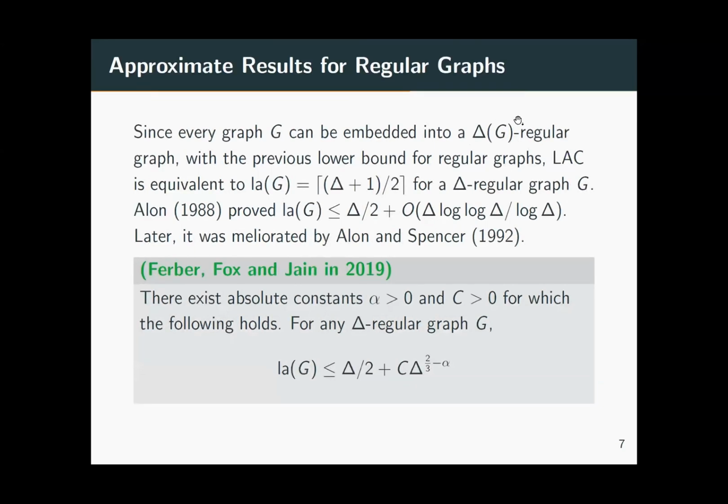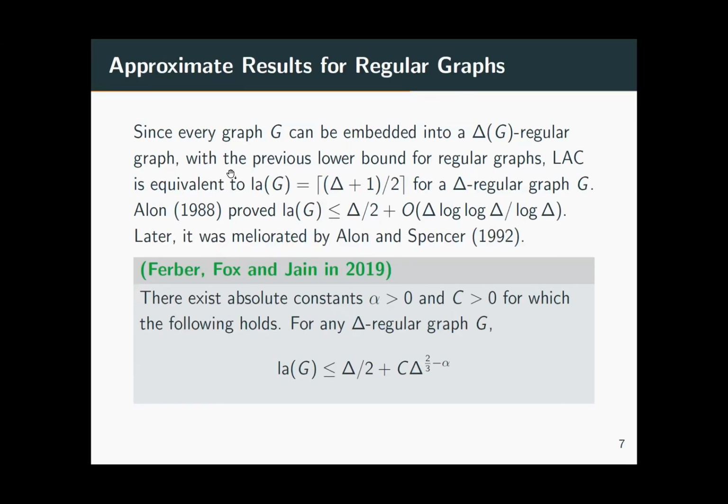And people also care about the approximate result for LAC. For this kind of problem, we can consider it as a regular graph, since every graph can be embedded into a regular graph with the same maximum degree, right?